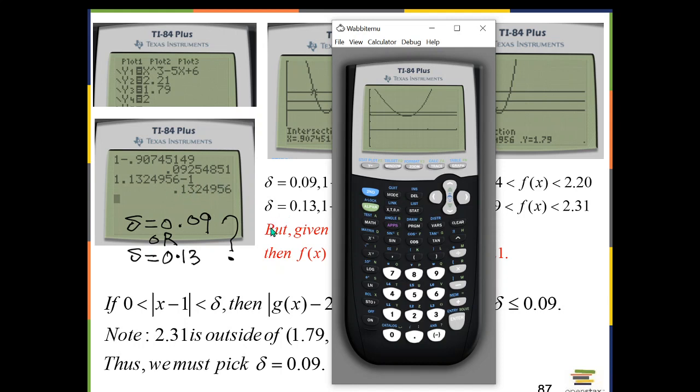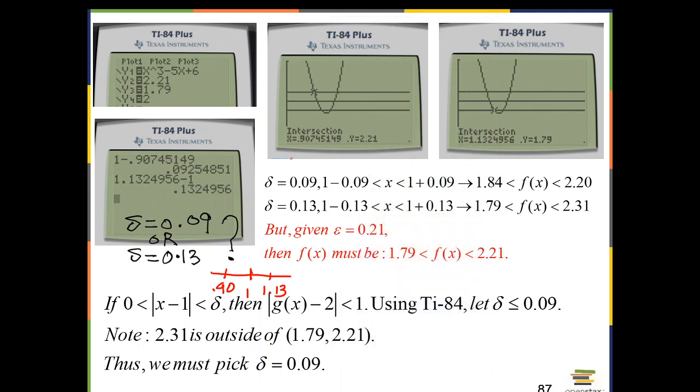So it looks like the interval is not symmetric, right? So here's 1, and then we got 1.13, and then we got 0.9 something. The difference here is 0.13. The difference here is like 0.09. So which one is delta? Well, it's the smaller one.